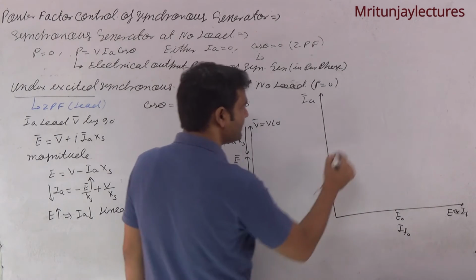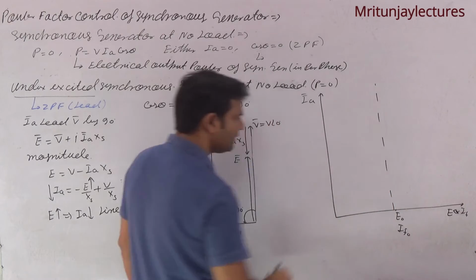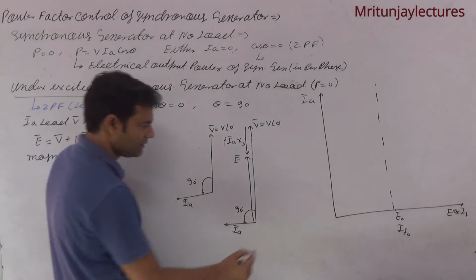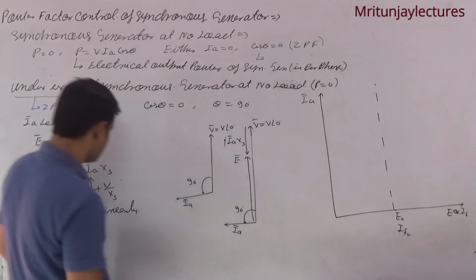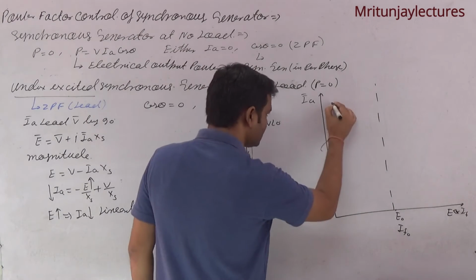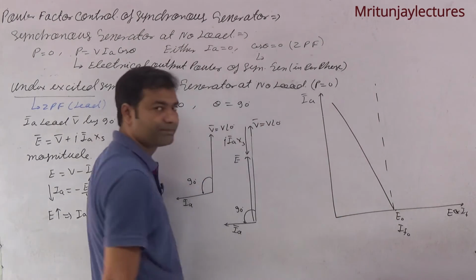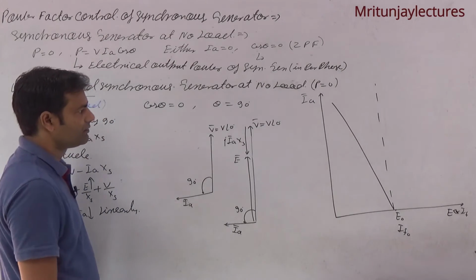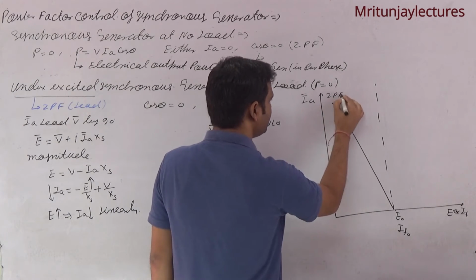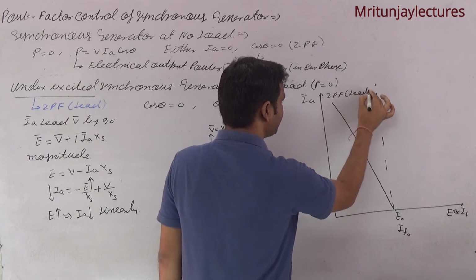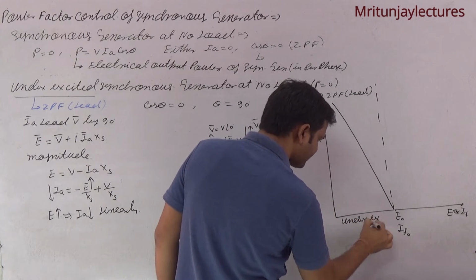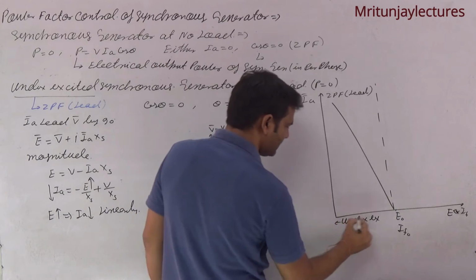Okay, in this region E increases. What about I A? Decreases linearly. It means make like this one. That is ZPF leading, and it is called under excitation.